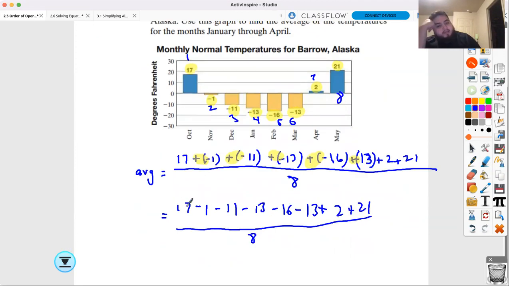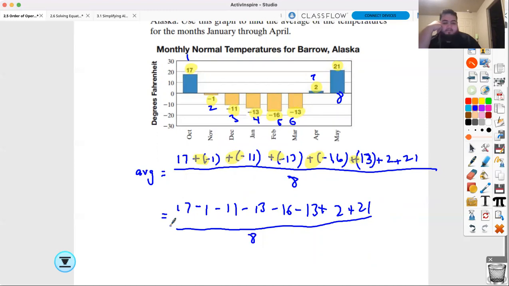Remember, we had to use PEMDAS, which we know. So 17 take away 1, 16. 16 take away 11, 5. 5 take away 13, -8. -8 minus 16, -24. -24 minus 13, -37. Plus 2, -35. Plus 21 is 14.